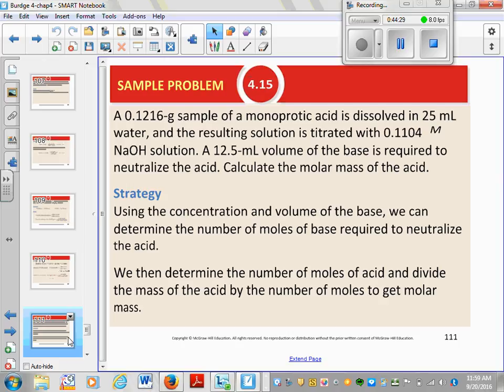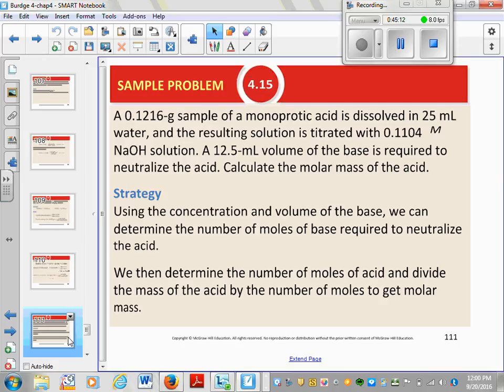How much of it did we use? 12.5 milliliters. So the molarity of the acid is equal to 0.1104 times 12.5 divided by 25. So the molarity of the H plus better be half, 0.0552, right? So that's the molarity of the acid.